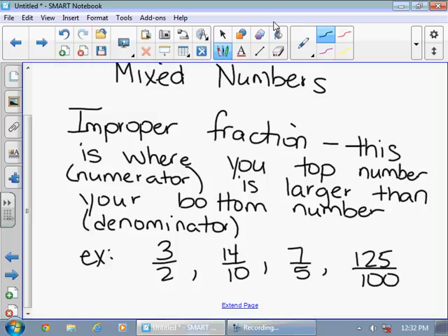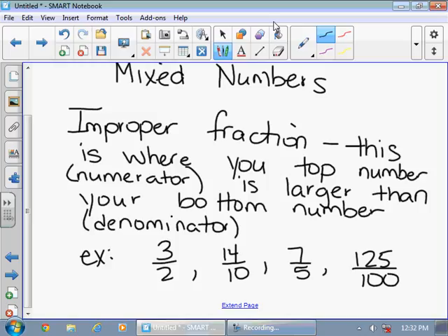Now, teaching higher math for several years, this is one skill that we teach now that really becomes useless, which is changing those improper fractions to mixed numbers. Because anything you do in high school, if you end up with a mixed number, the first thing you've got to do is change it back to an improper fraction.